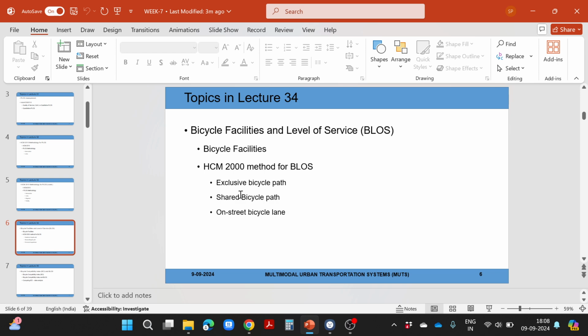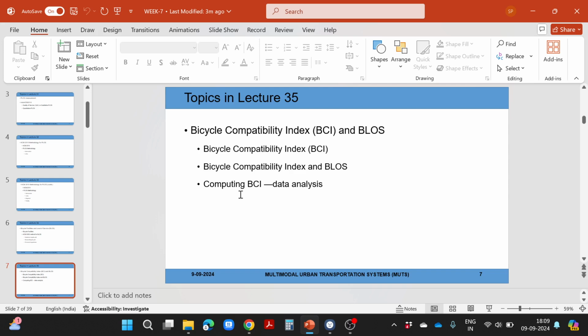Then we have also discussed bicycle level of service in the later part, and it is based on HCM 2000. There are also different types of bicycle facilities like exclusive bicycle path, shared bicycle path, on-street bicycle lane. These things were discussed.